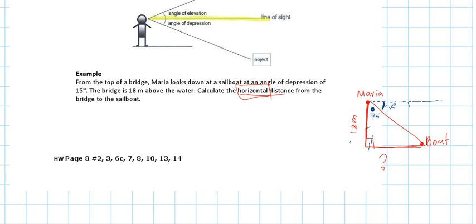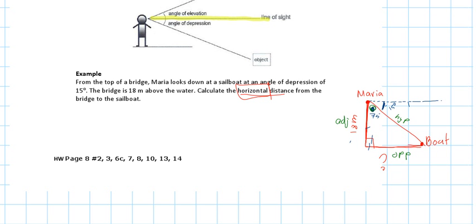So this is adjacent because I'm looking at angle 75, right? What formula are you going to use? Tan, because I'm looking for the opposite and I know the adjacent.